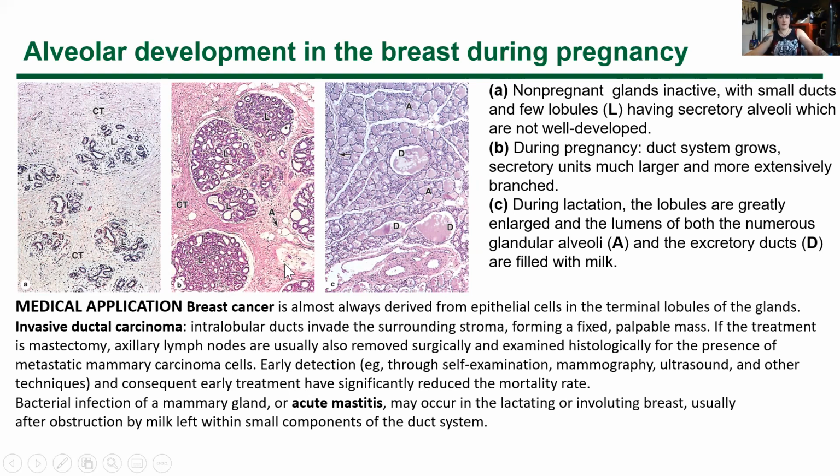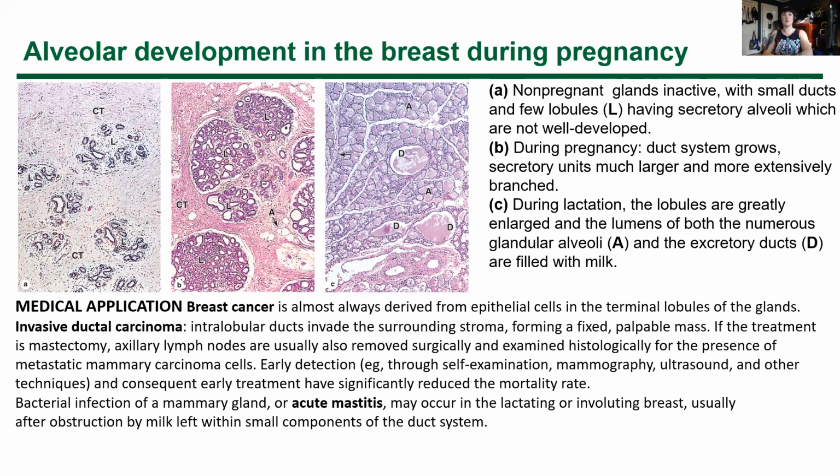So let's talk about breast cancer, because we're looking at breast tissue. It's almost always epithelial derived, which shouldn't surprise anybody because epithelia are very regenerative, which creates statistically more likelihood for DNA replication errors, essentially.